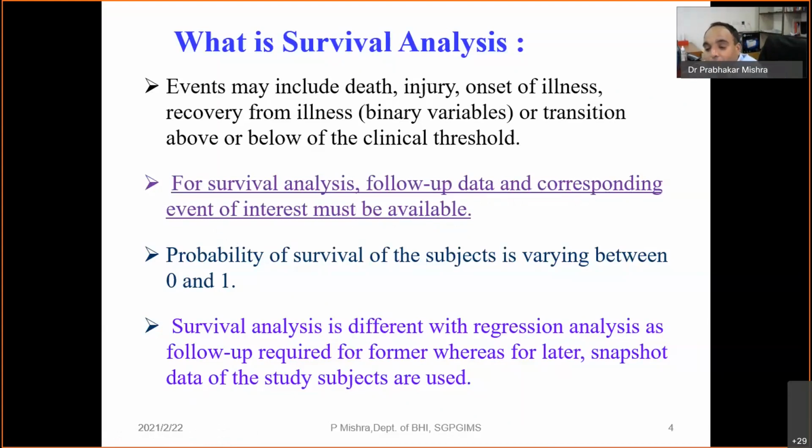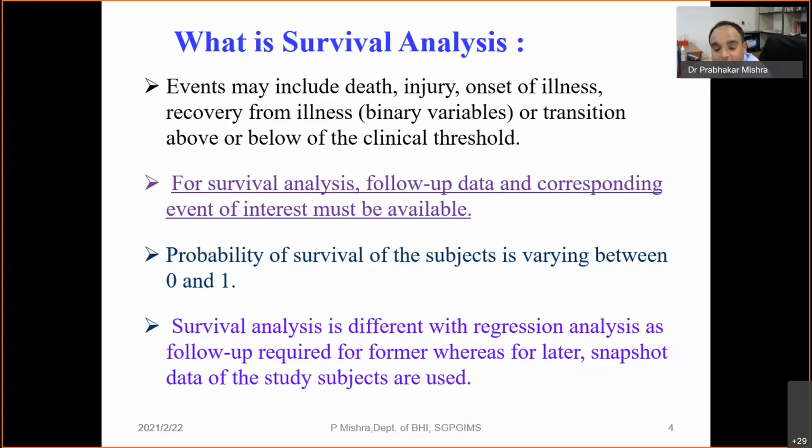Like in ordinary analysis, we only know the patient died or survived, was a smoker or non-smoker, was alcoholic or not, was diabetic or non-diabetic, age was like this.